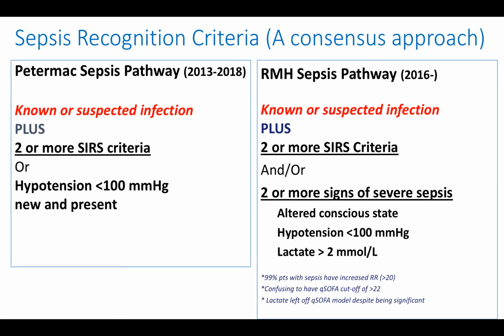So I'm very pleased that the approach that we took through a consensus has proven to remain an effective and sustainable approach. For the Peter Mac initial pathway, we pretty much used the old criteria and included hypotension. Through a consensus approach with ED and ICU clinicians and general physicians, we talked long and hard about the appropriate criteria, and this has been accepted as the criteria being used for the statewide scale-up.